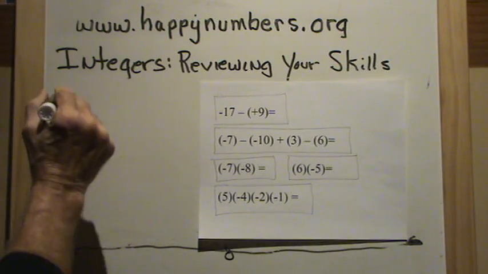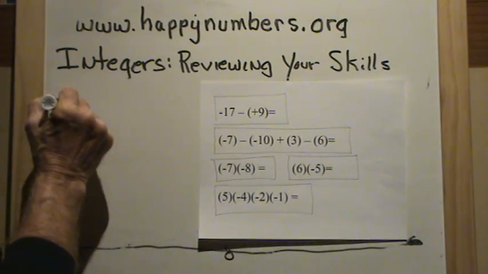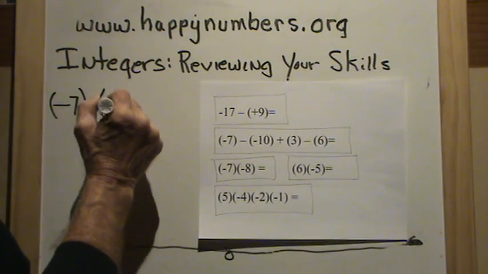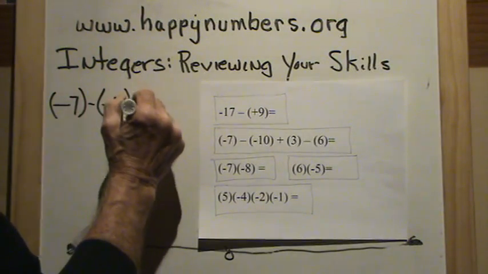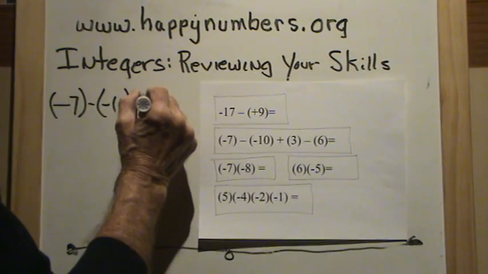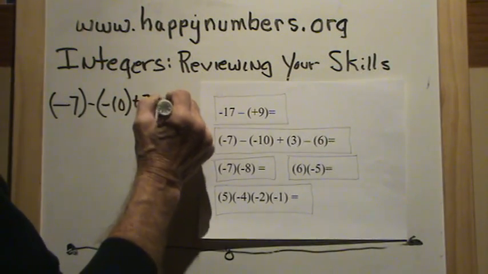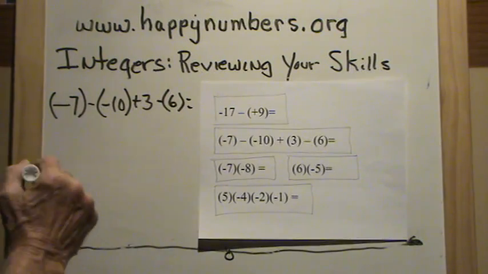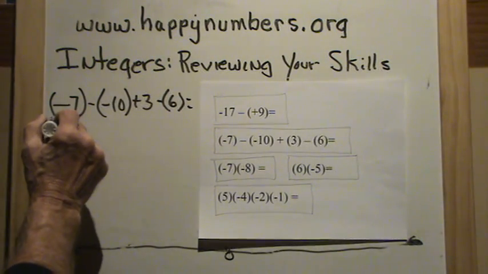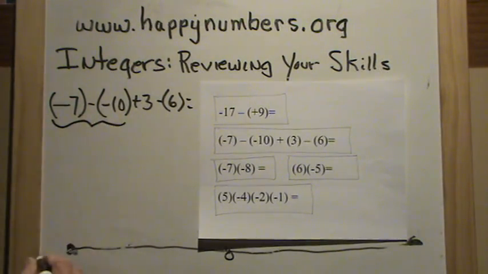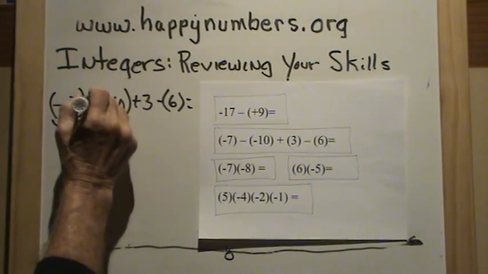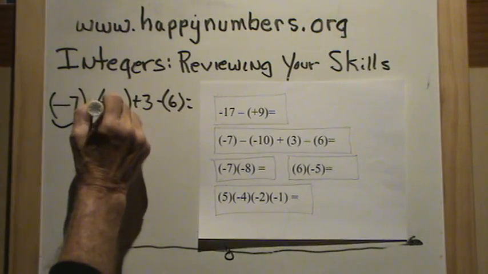Now here I have negative 7 minus negative 10 plus 3 minus 6. Well, okay, I'm going to work this first. I am subtracting, so I add the opposite, so I change that and change that.